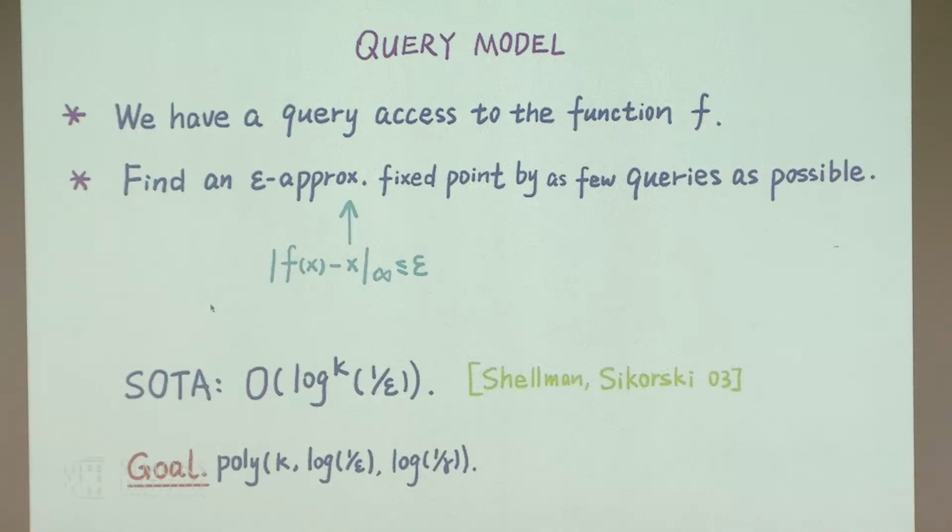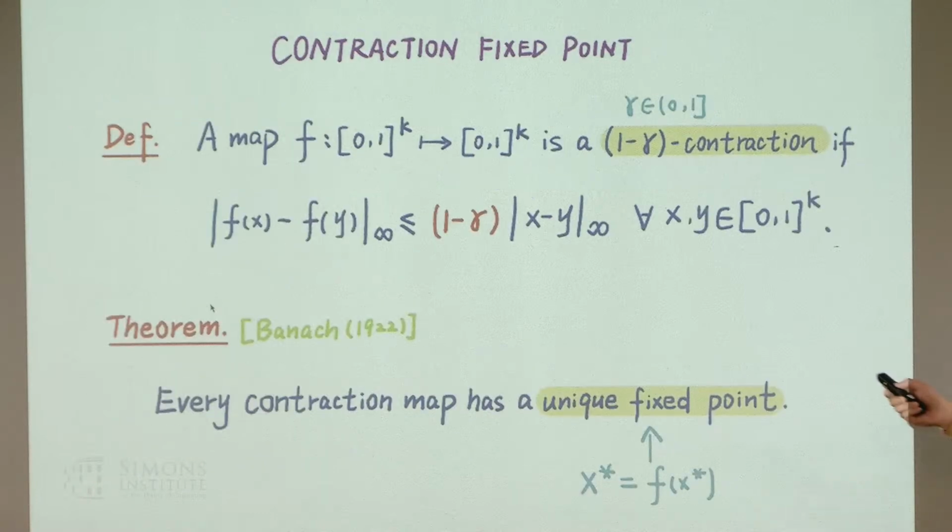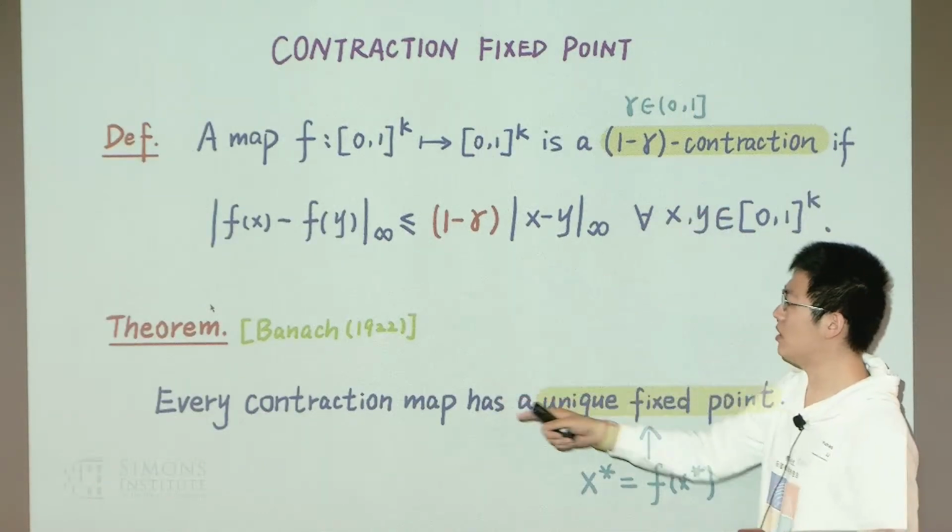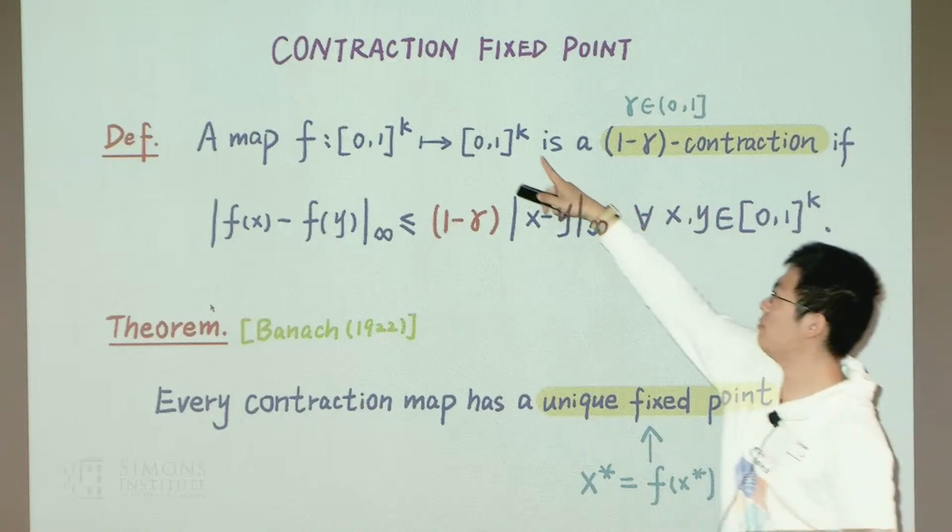The state of the art algorithm is log 1 over epsilon to the k, from almost 20 years ago. And the goal of this problem is to have an algorithm that is polynomial in k, log 1 over epsilon and log 1 over gamma. Here k is the dimension, gamma is the contraction parameter, and epsilon is the approximation.